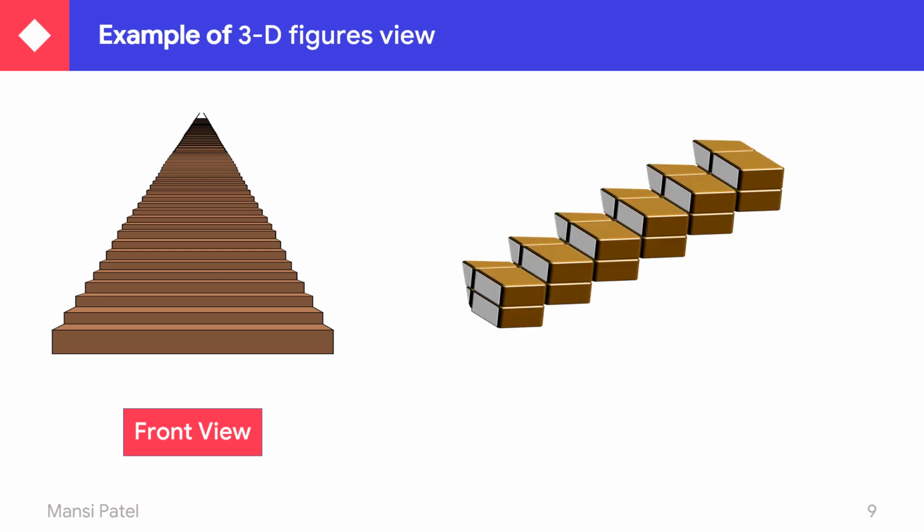This is also a picture of a staircase. From which view do you see the staircase like this? So we can say this is the picture of the side view. So you can see here two different pictures of a staircase. The first is the front view, and the second one is the side view.